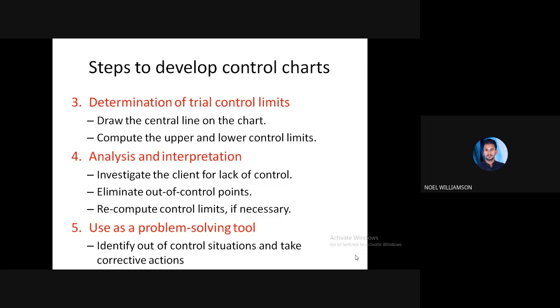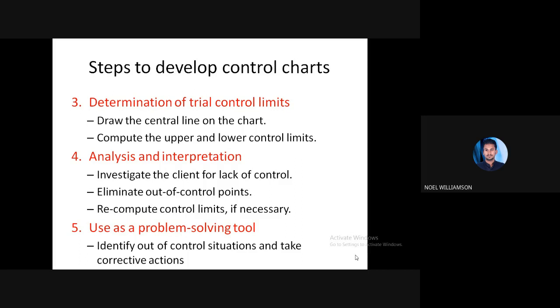And if we see that it is a general trend that it is always going beyond the control limit, or upon detailed analysis we found that if we can adjust the control limits a little bit, there will be no issue.